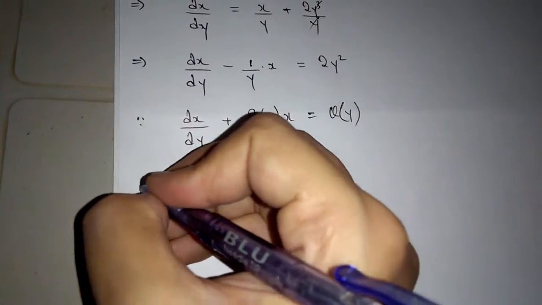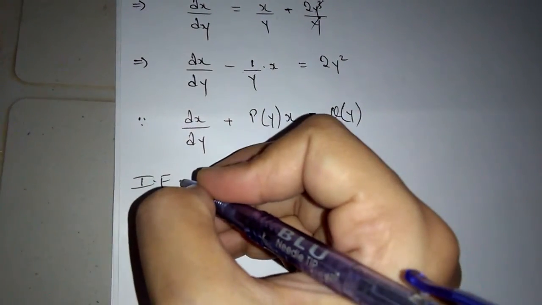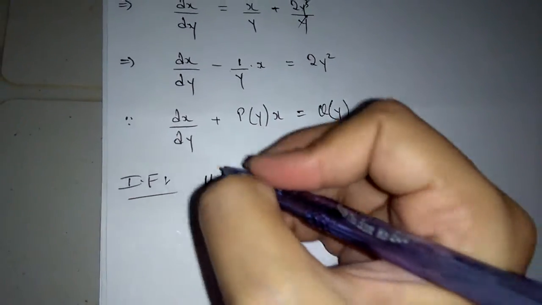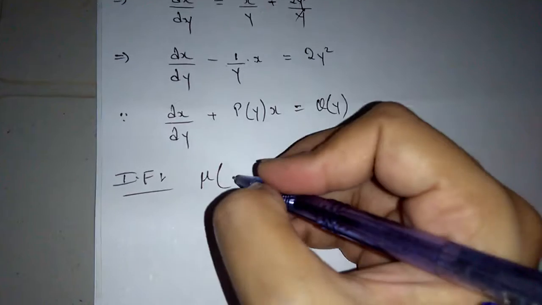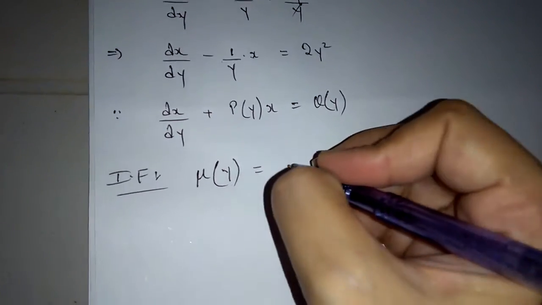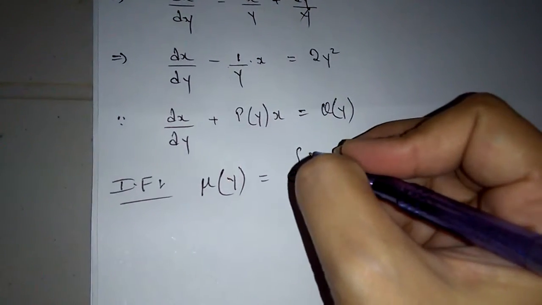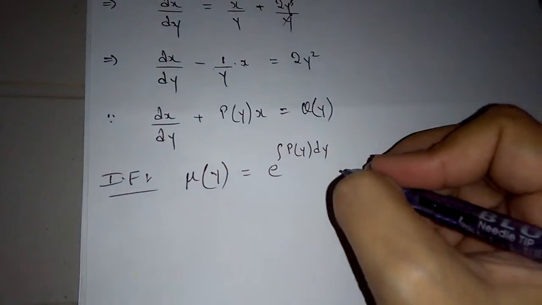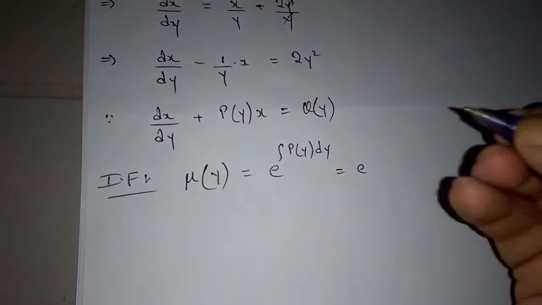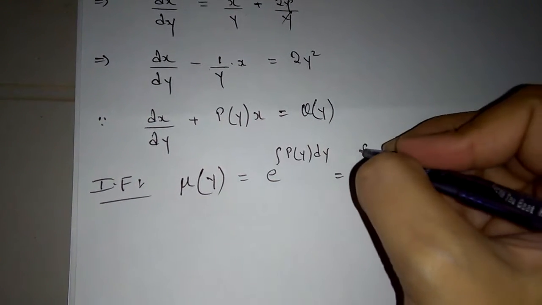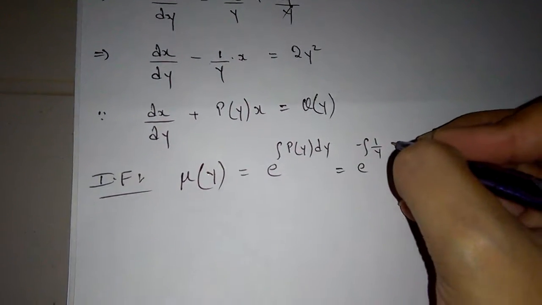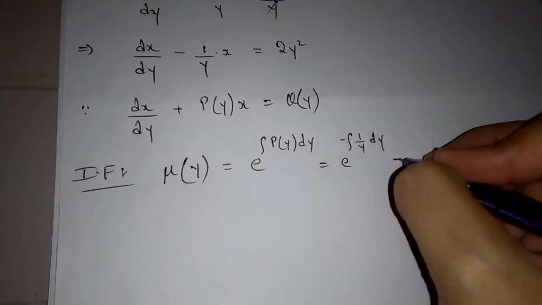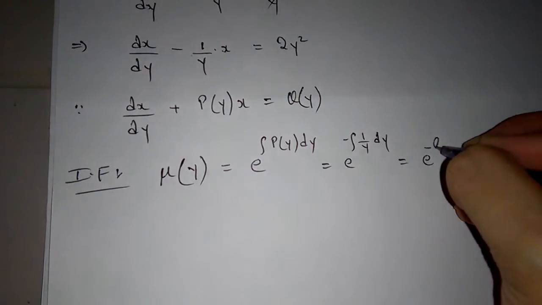Now we are going to obtain our integrating factor. The integrating factor is going to be expressed as mu of the independent variable, just mu of y, and is equal to exponential raised to the power integral of p of y dy. Alright, so over here my p of y is minus 1 upon y, so the integral gives minus ln y.